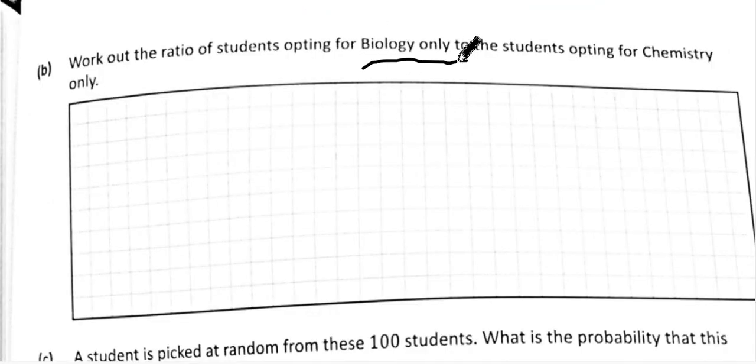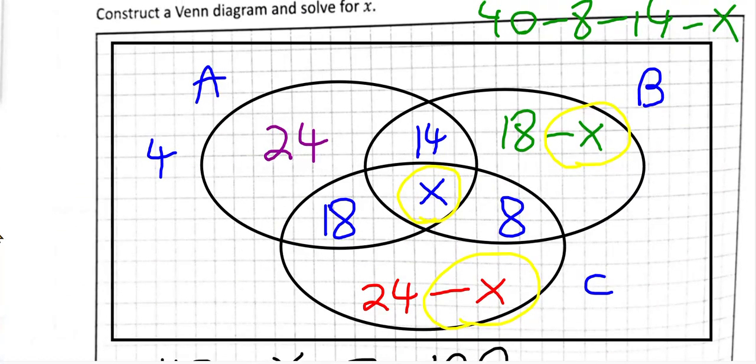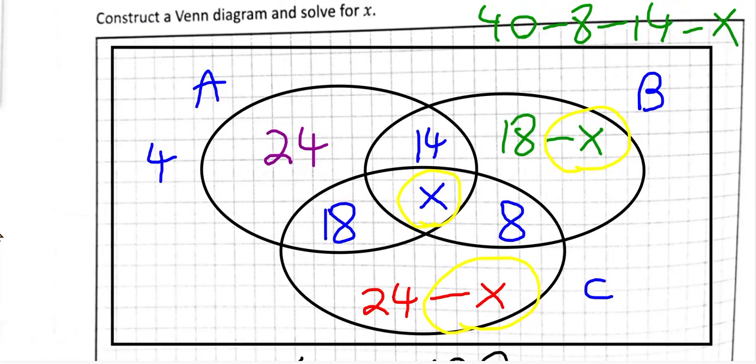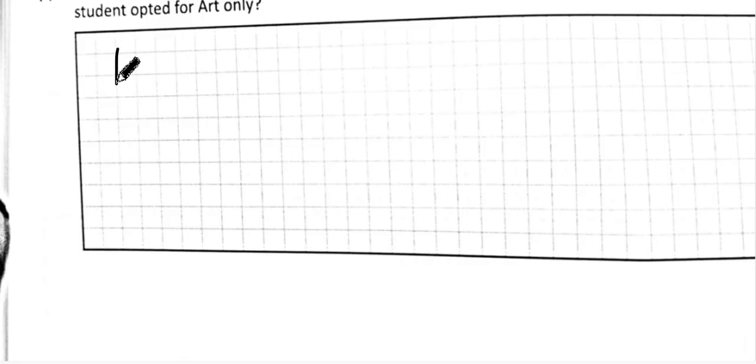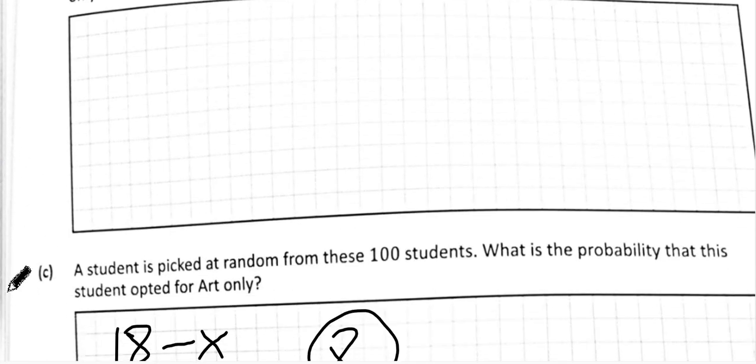We've got to find out how many are doing biology only. How many were doing biology only again? 18 take away X, but we know that X is 10, so 18 take away 10. So do you agree that 8 people did biology only? Now what about chemistry only?